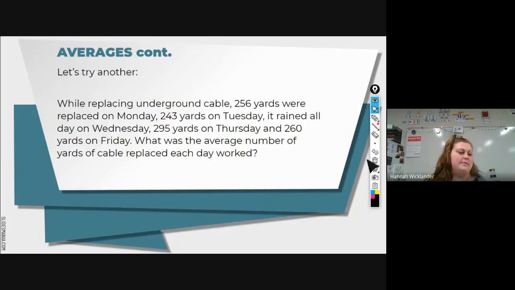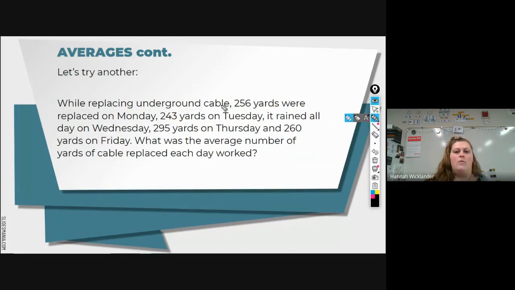While replacing underground cable, 256 yards were replaced on Monday, 243 yards on Tuesday. It rained all day on Wednesday, so nothing was done. 295 on Thursday and 260 on Friday. What was the average number of yards of cable replaced each workday?